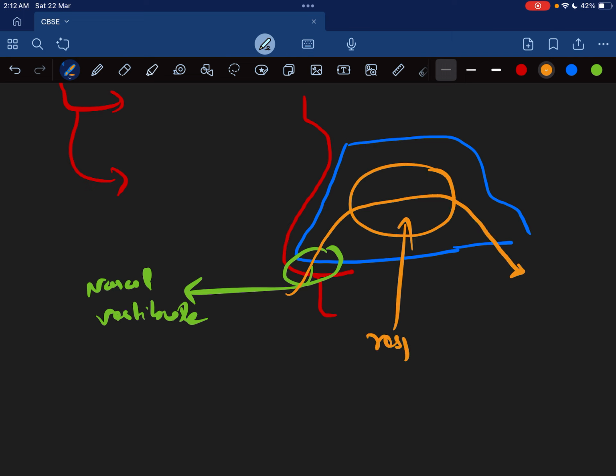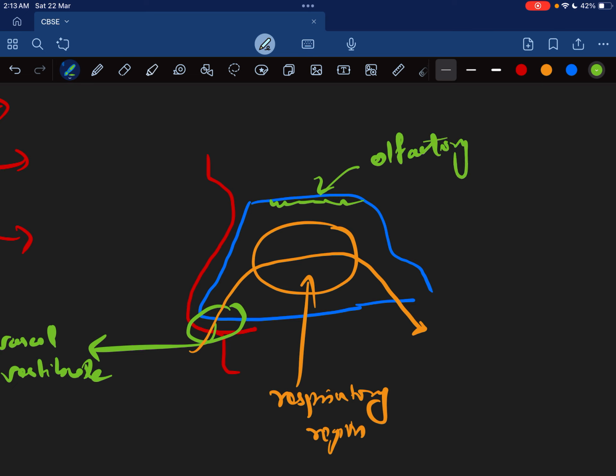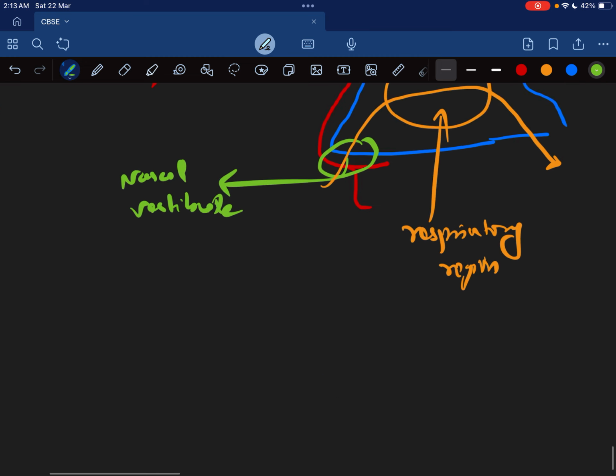And here there is some receptor region for the smell sense organ. So here is the olfactory region. Now I am going to explain every region.